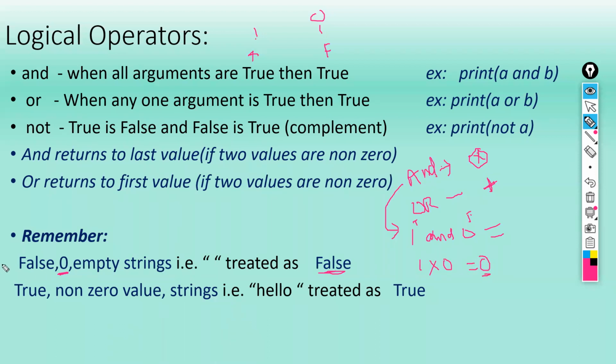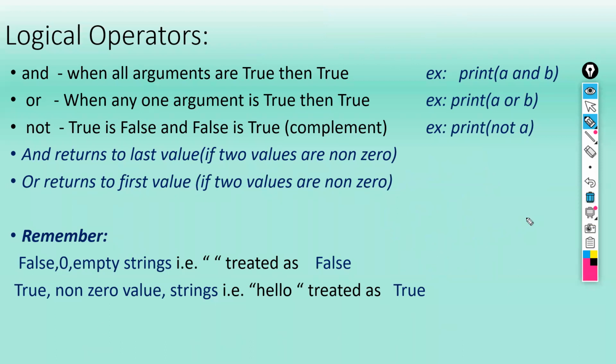So 0 is nothing but false. Let's take 1 and 1. 1 into 1 is 1, which gives a true value. So while we are doing coding, you will understand that. Just keep it in mind.